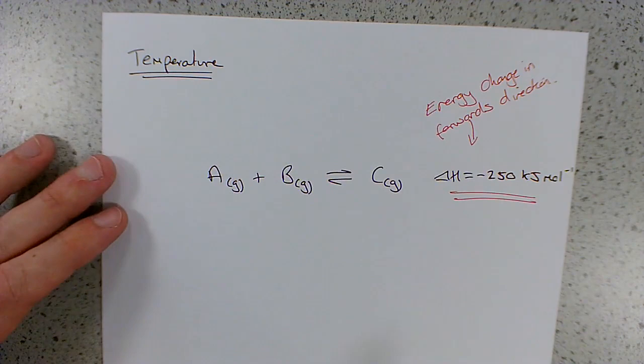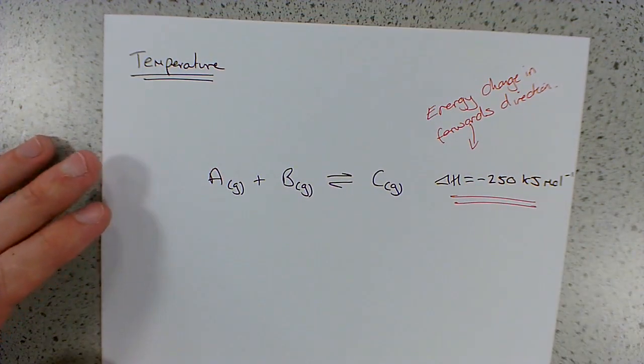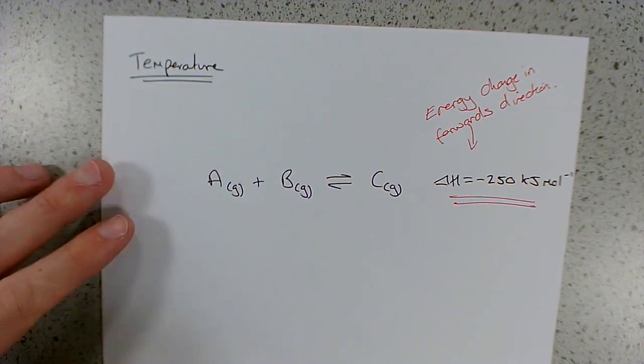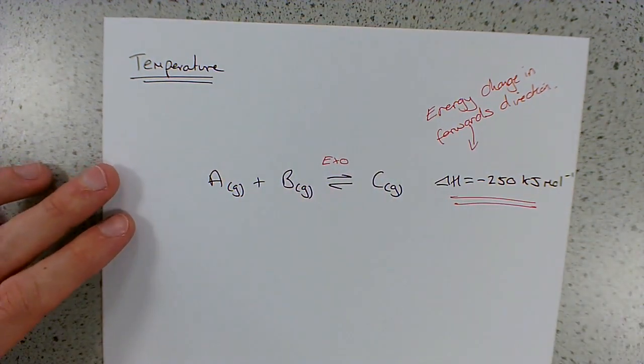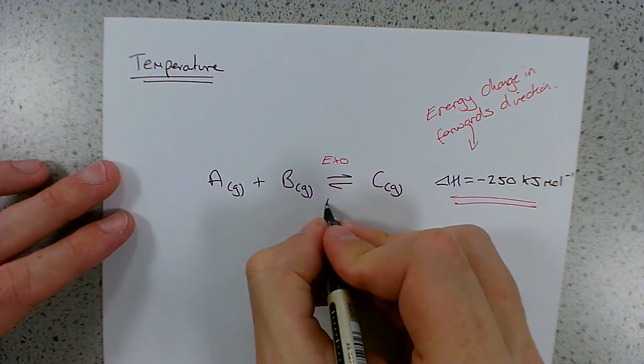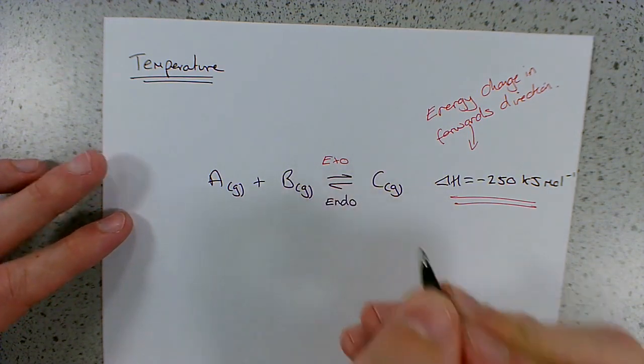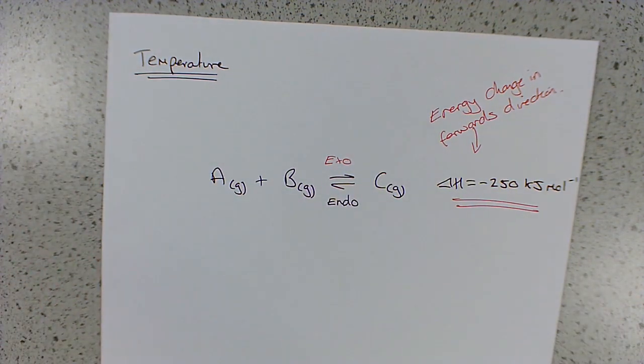So, the fact that this is negative tells us that it's exothermic, which means that the forwards reaction is exothermic, which means that the backwards reaction must be endothermic. Now, we should know that an exothermic reaction increases temperature, and an endothermic reaction decreases temperature.